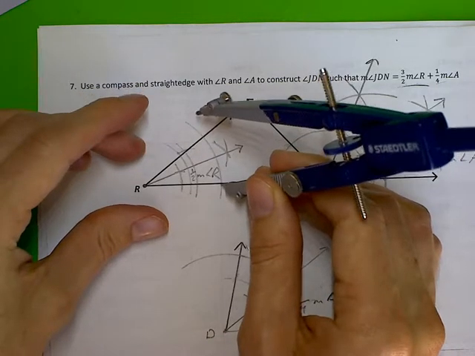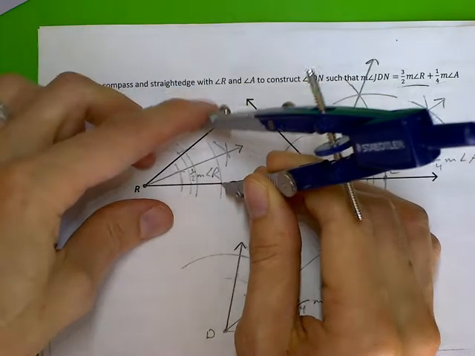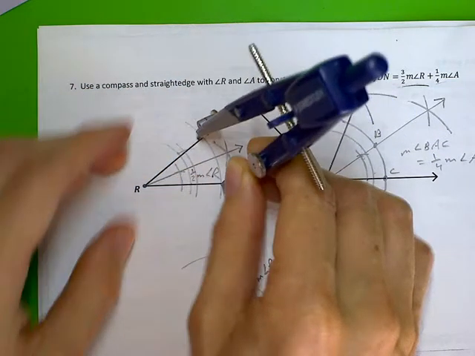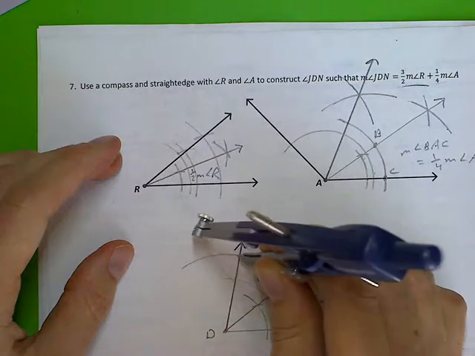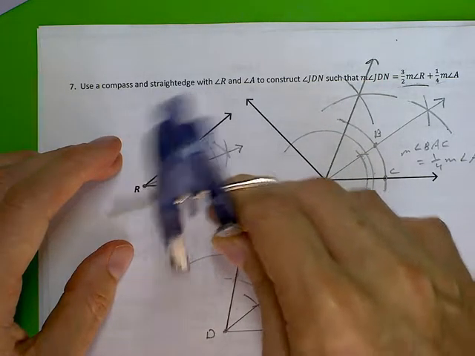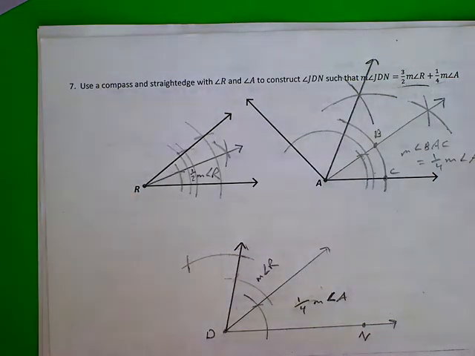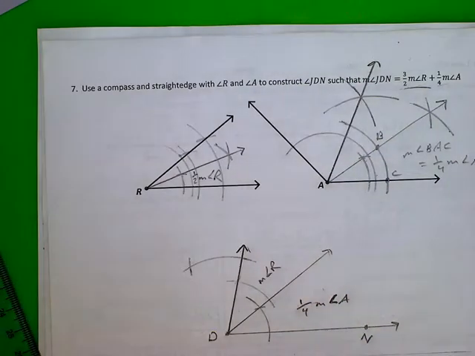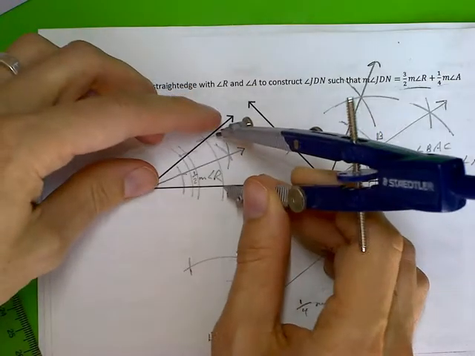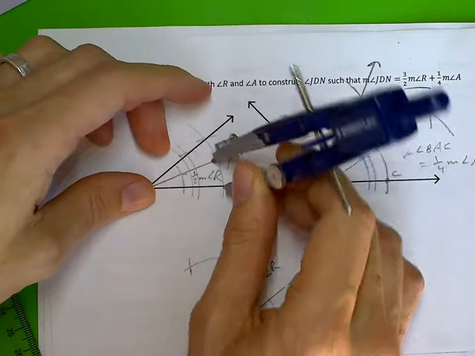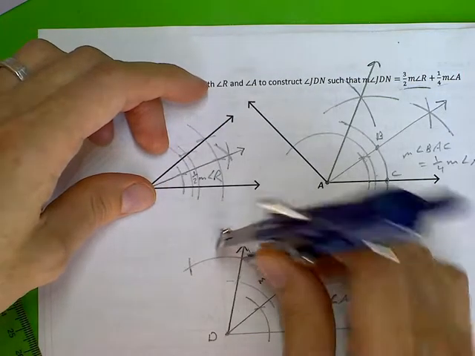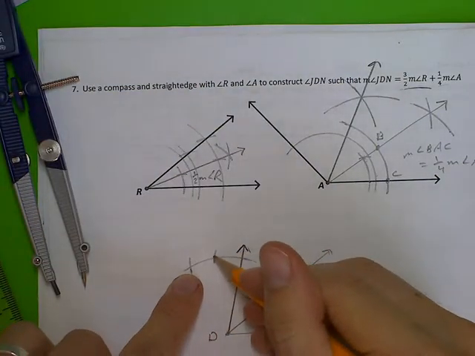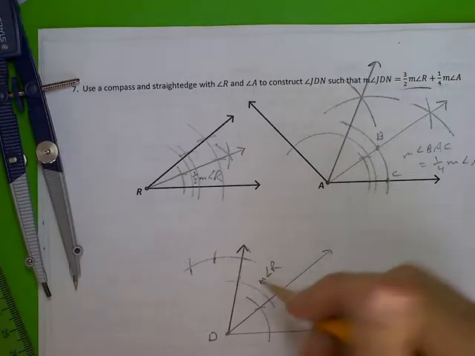Now I'm going to measure the width. Oh, wrong width. I want to measure half of that width, don't I? Yeah. Okay, so there's half of angle R, so there would be half of angle R right there.